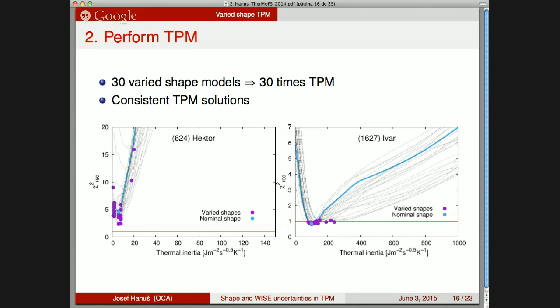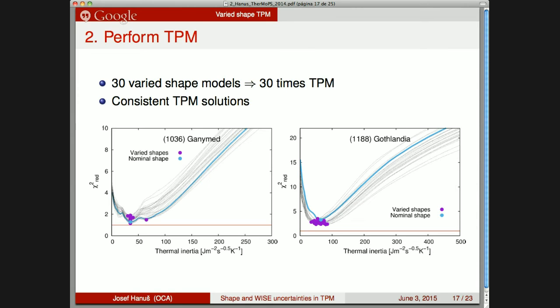So the range of the acceptable thermal inertia is underestimated when we use just the original shape model without accounting for the shape uncertainty. So these are 2 different examples where it works nicely, where the solutions for the thermal inertia are consistent within each other.